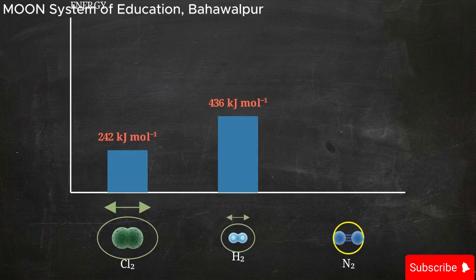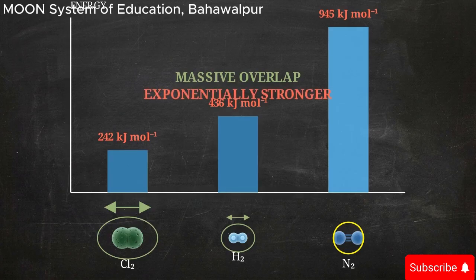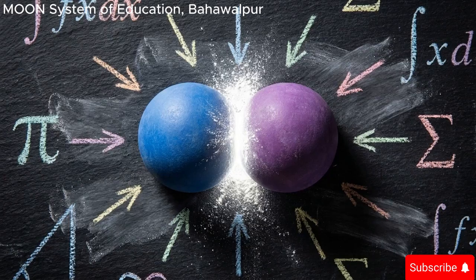But when we examine a nitrogen-nitrogen triple bond, the data spikes dramatically, requiring an immense 945 kilojoules per mole. Sharing 3 electron pairs pulls the atoms into extremely close proximity. That short length and massive orbital overlap create an exponentially stronger electrostatic lock. The strength of a chemical bond is effectively just a function of proximity and the resulting density of shared electrons.